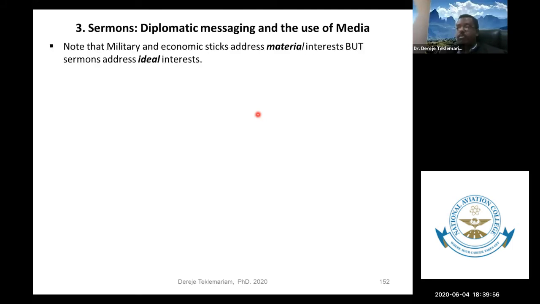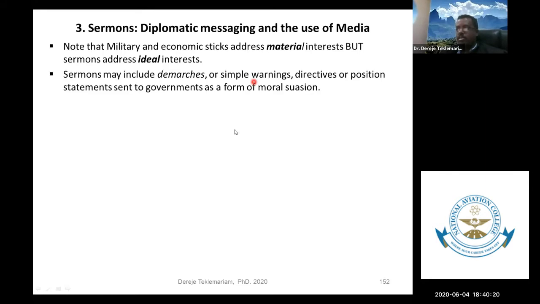Remember that military and economic sticks address material interest, but sermons address the ideal interest. However, foreign policy will be successful with the combination of both the ideal interest and the material interest. So sermons are married to the ideal interest.